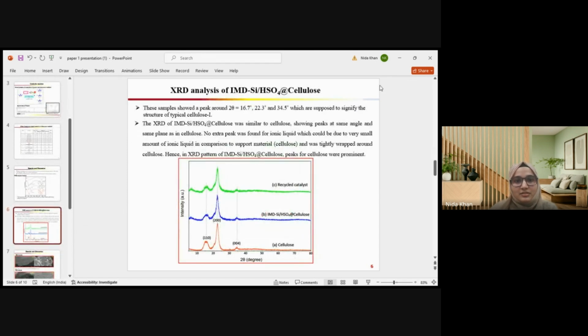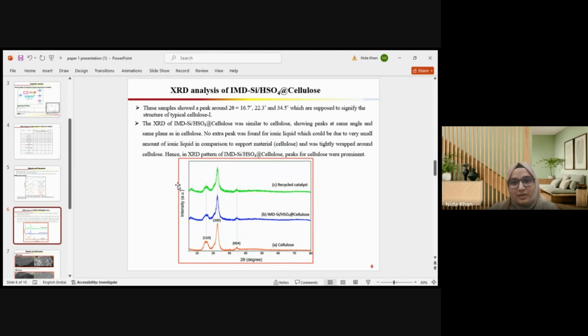XRD analysis of the sample showed peaks around 2 theta degree equal to 16.7, 22.3, and 34.5. This XRD was similar to cellulose, showing peaks at the same angles and same planes as cellulose. No extra peak was found for the ionic liquid, as it is a very small amount and was tightly wrapped around the cellulose.